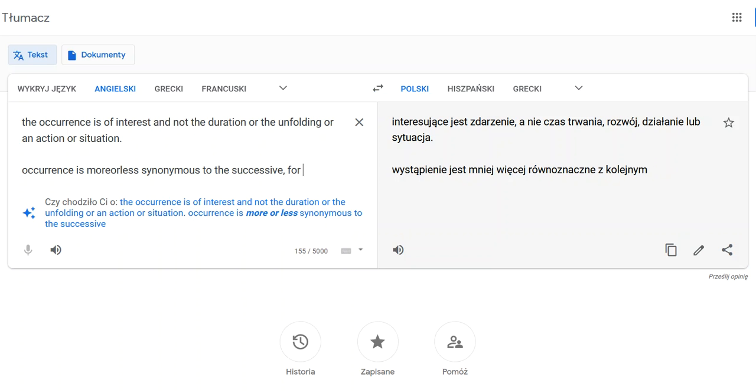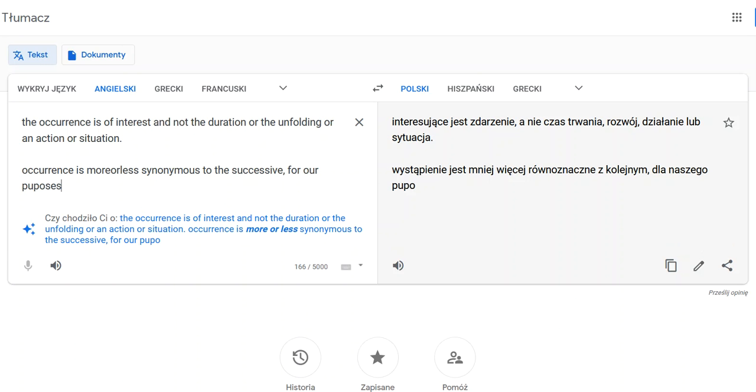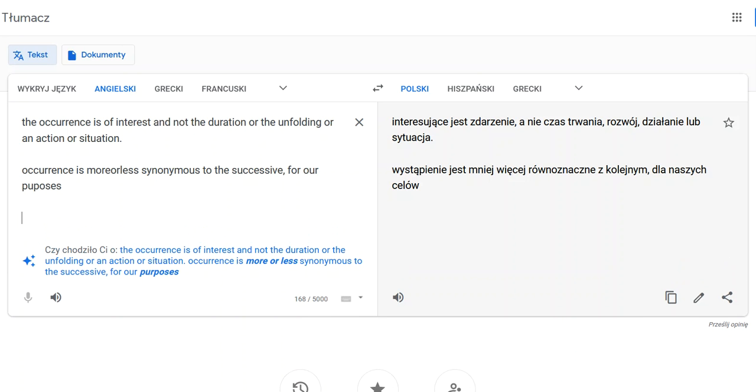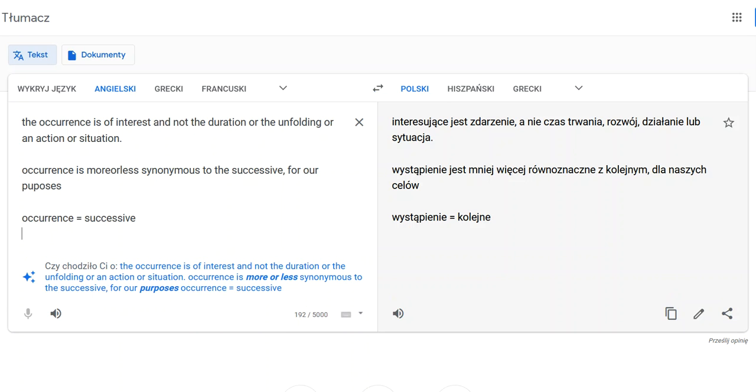For our purposes, in grammar vocabulary, we can say occurrence instead of successive. It's almost the same, okay? For example, you can say that.